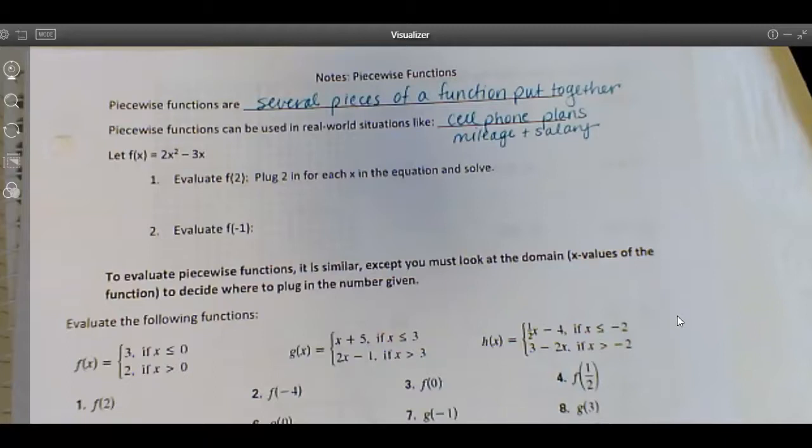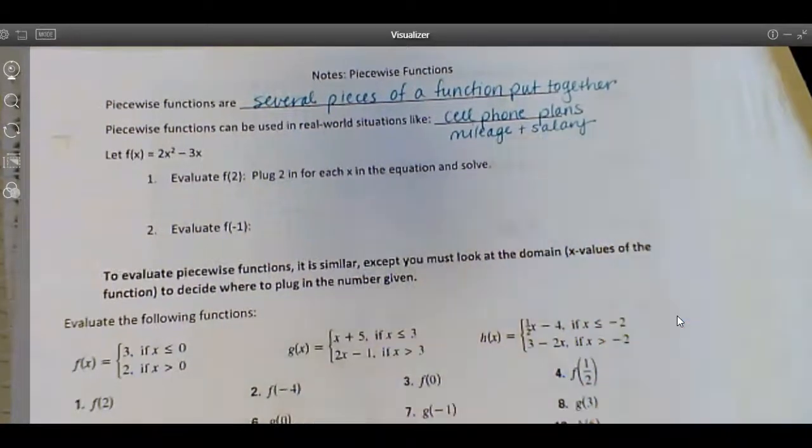Plus you also get mileage because maybe you sell things. And so your price is the $2,000 per month, but as your mileage increases, your salary would increase as well, because you would get a little bit more for the mileage that you took. And so the way those change, those are piecewise functions. And it's just different types of functions that are added together. So that's examples of real life and why we need it.